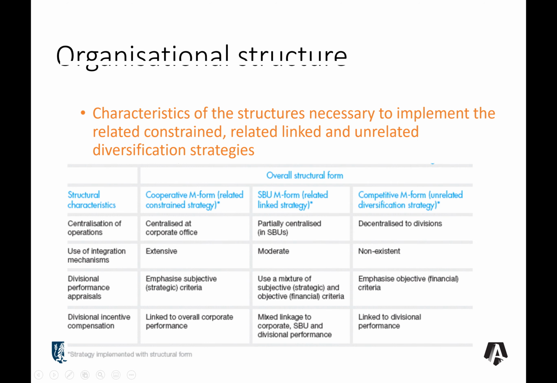So, having rushed to that point, let's give a clear summary, an important slide, a clear summary of how we align structure with the different forms. So, a list of the different structural characteristics and what we do in each form.